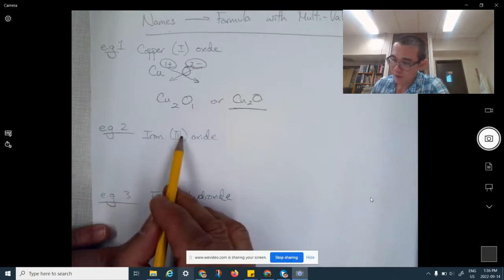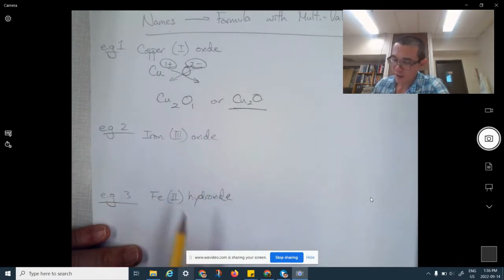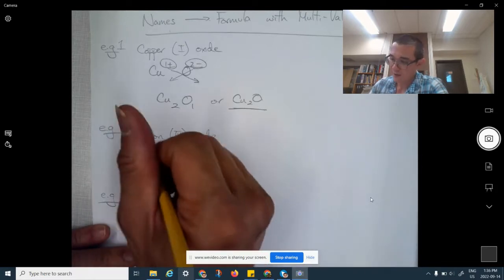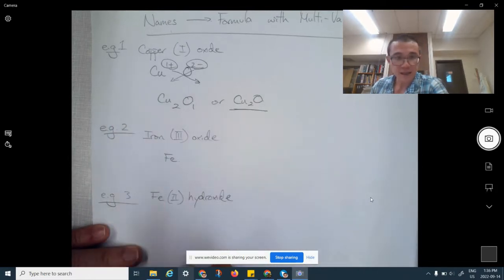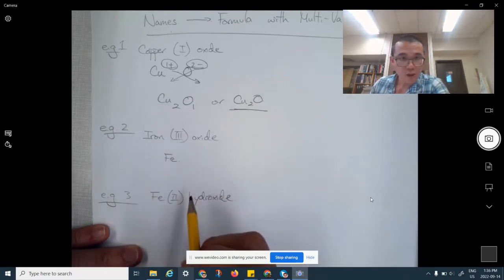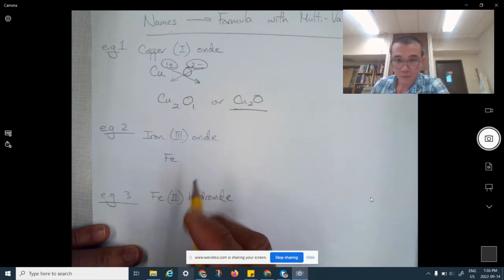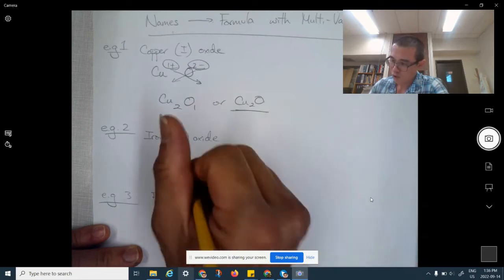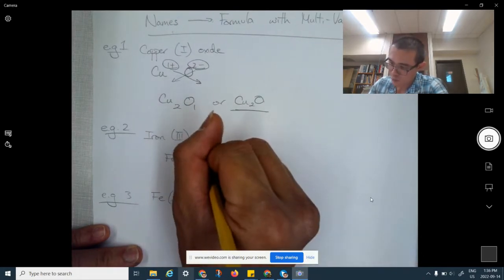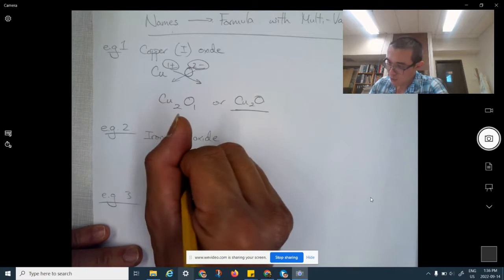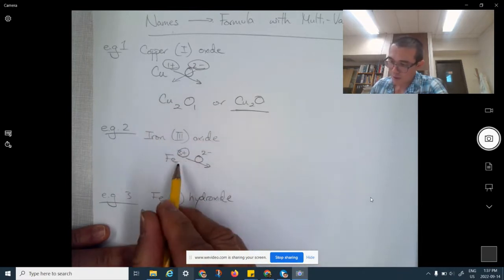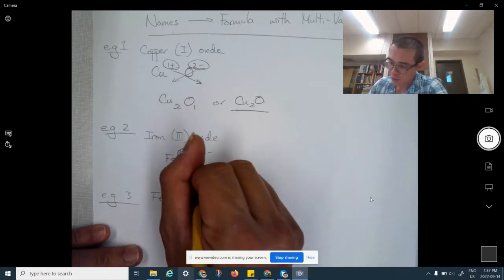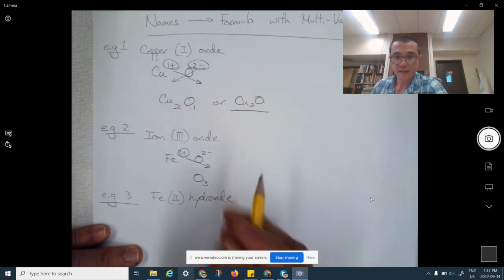Second example, iron 3 oxide. Same thing. Iron is Fe. The Roman numeral 3 means this iron will be 3 plus. Oxygen again is O, and it's 2 minus. Doing the crossover rule, the 3 plus I give to oxygen, so it's 3.